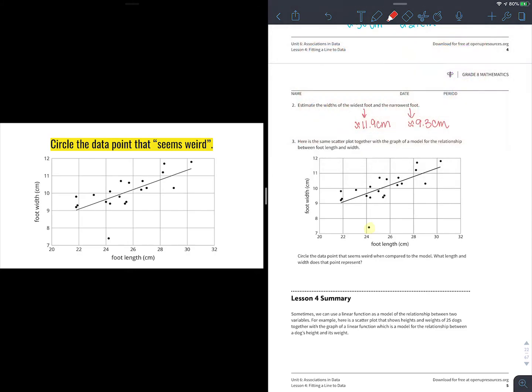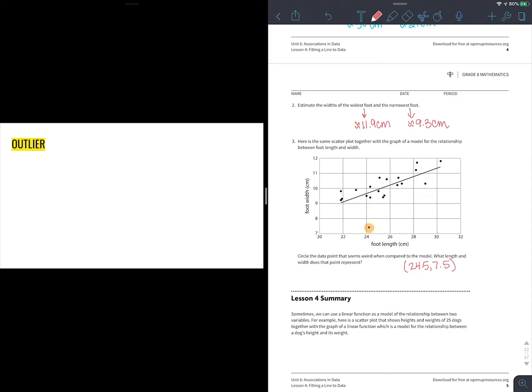Let me get a different highlighter. There we go. That point seems kind of strange. That point, I would say, is about 24 and a half, 7 and a half. We actually would call this point an outlier. So if you want to write that down next to it, you can.